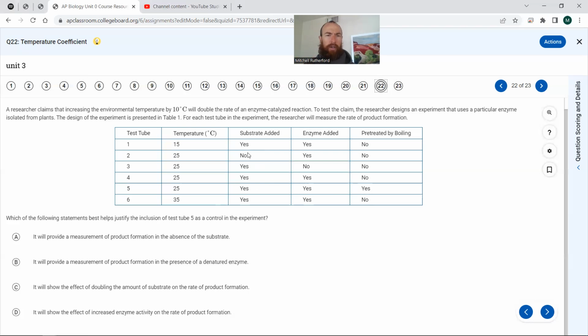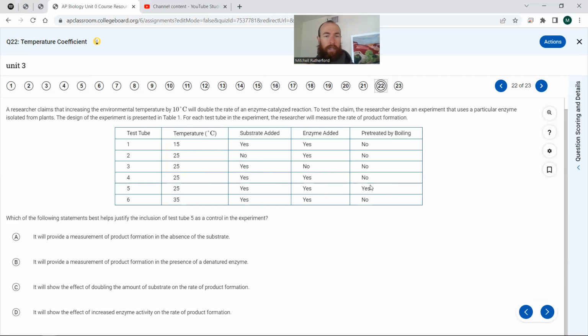So here, test tube 1, no substrate. Test tube 3, no enzyme. So what's weird about test tube 5? The only one that was boiled beforehand. Lots have enzymes, lots have substrates, lots are at 25 degrees Celsius. The only one that was boiled beforehand.